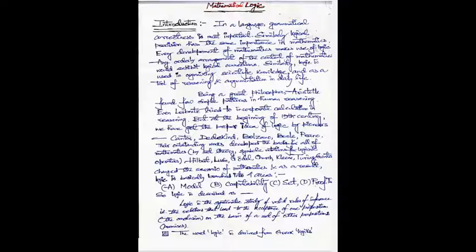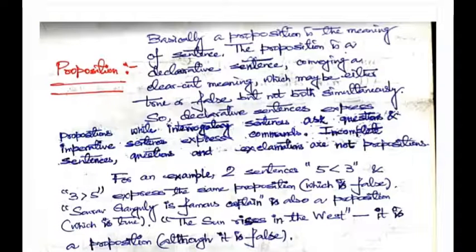Now what is a proposition? Basically a proposition is the main meaning of the sentence. A proposition is a declarative sentence conveying a clear-cut meaning, that means there is no ambiguity, which may be either true or false, but not both simultaneously.